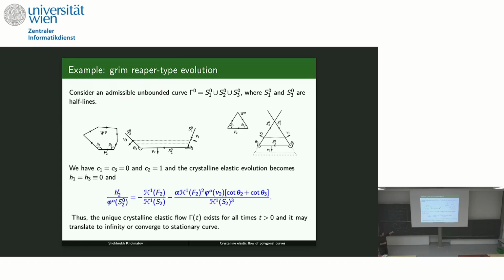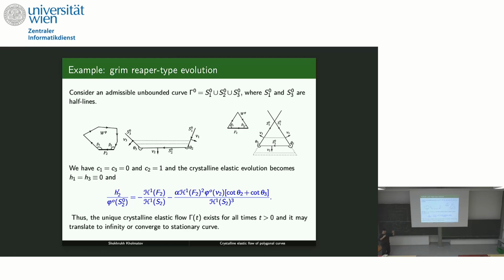And if I slightly perturb it, then the flow exists for all times, and in the limit, it converges to that stationary solution. So in this situation, I don't escape to infinity, rather I converge to a stationary solution at the maximal time. And so this is giving some hints. So my flow could exist for all times, and at the maximal time, I converge to some stationary solution.